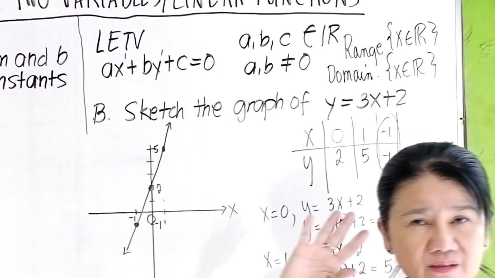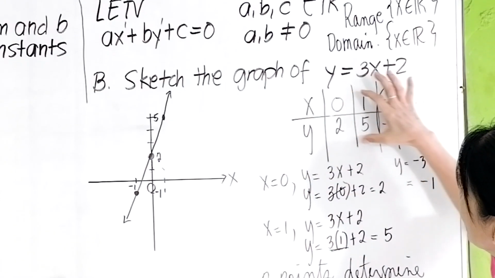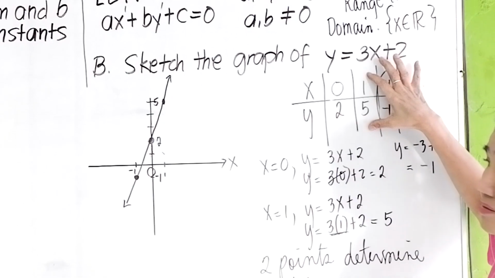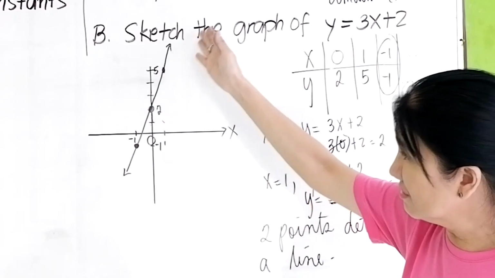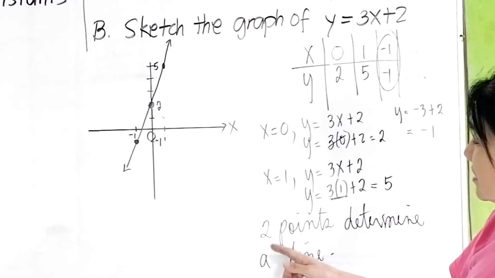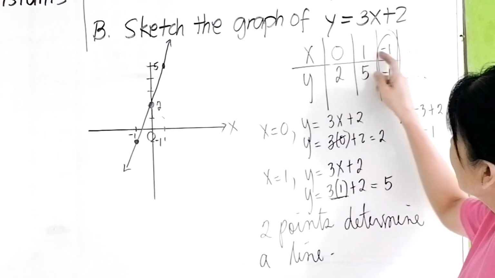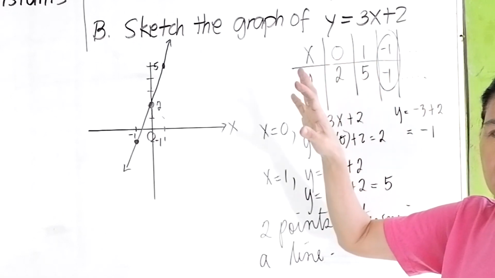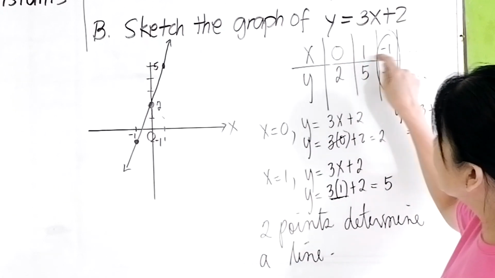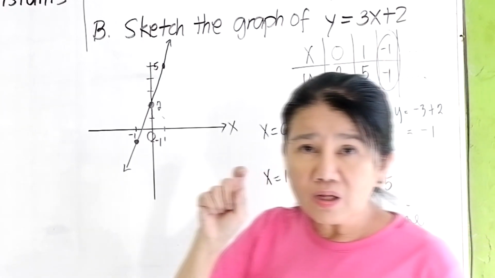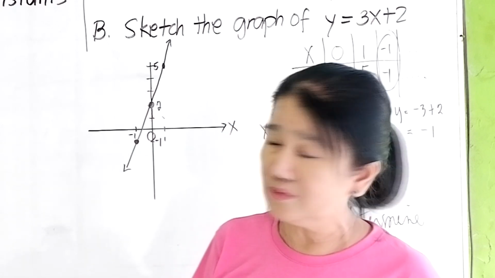Let me recall again. In letter B, we use 2 ordered pairs to plot the points and graph the line, because 2 points determine a line. You can substitute any values here, but make sure that to take a shortcut, you use small numbers like 0, 1, -1, 2, or -2.